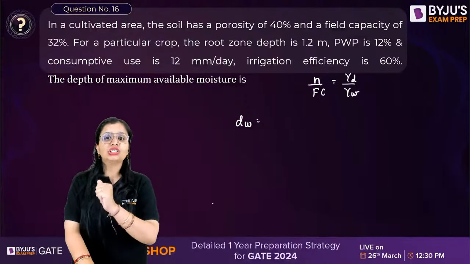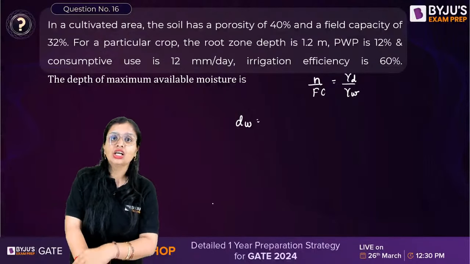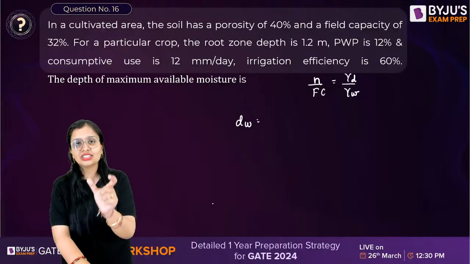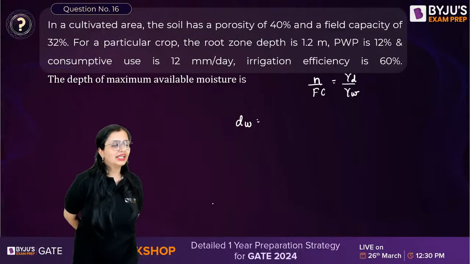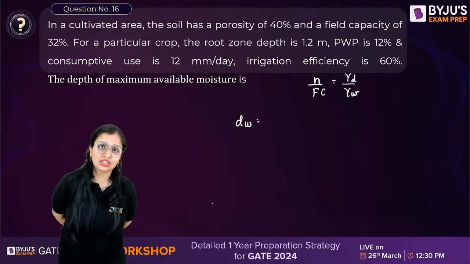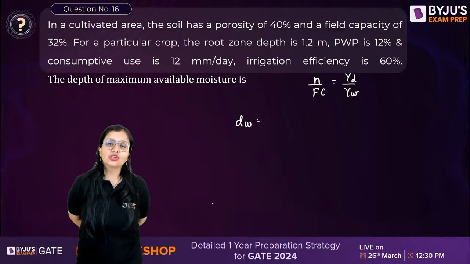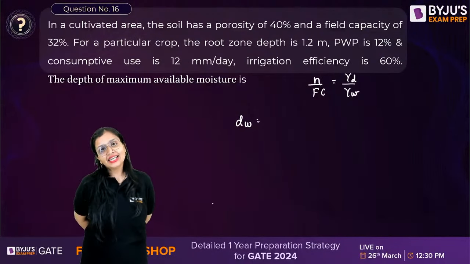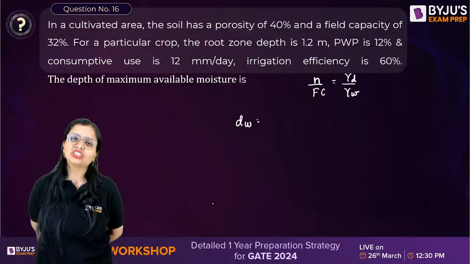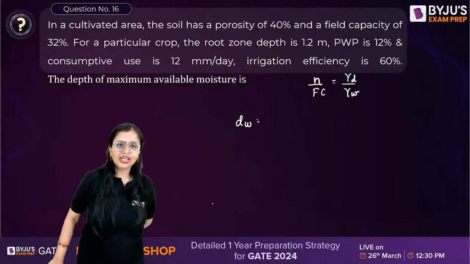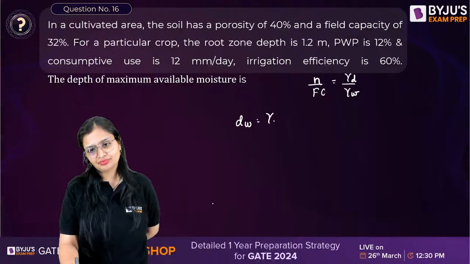So always remember they can ask you this in a statement-wise question. Frequency of irrigation निकालने के लिए irrigation efficiency की कोई जरूरत नहीं पड़ती. If the question asks for frequency of irrigation and irrigation efficiency is given, that is not required. That data is given just for confusing. Okay, so you should remember that.